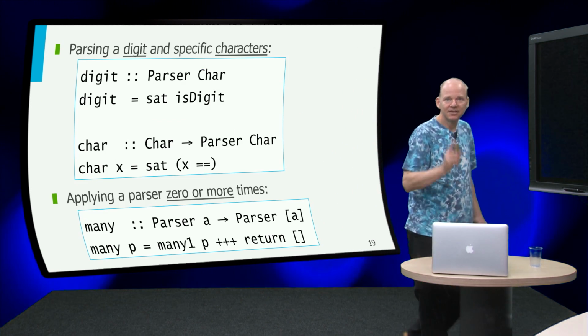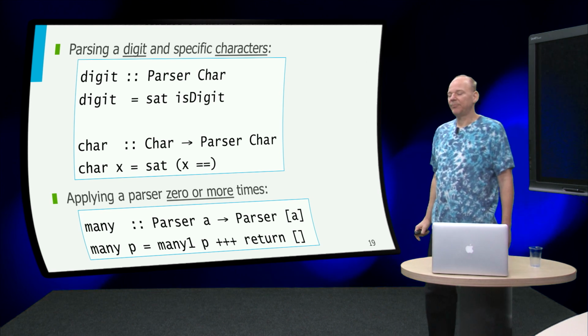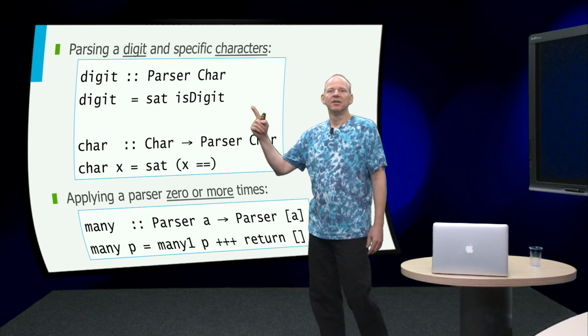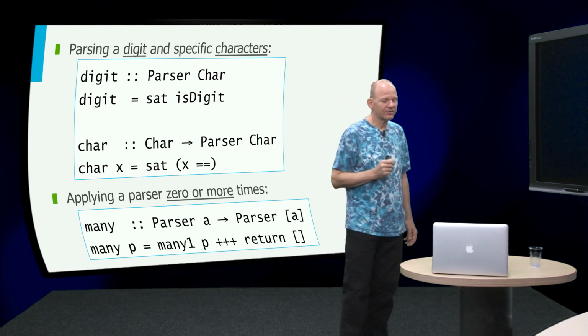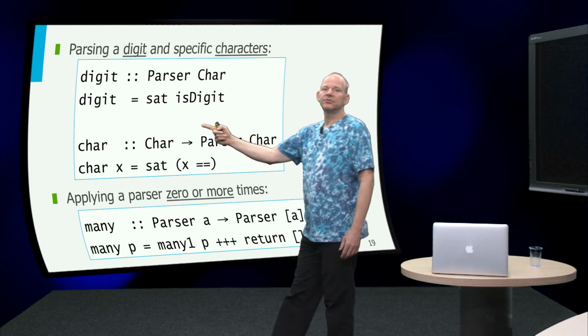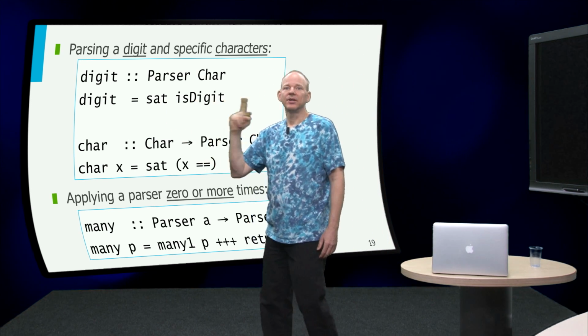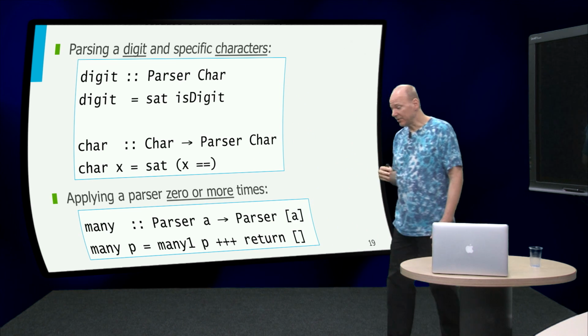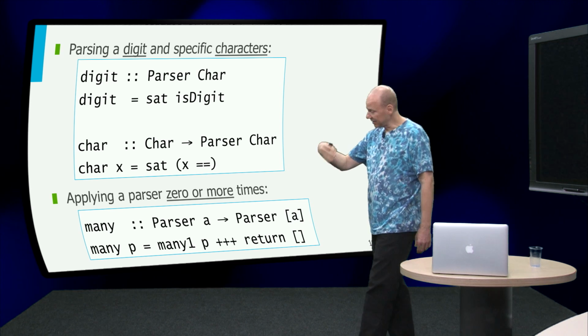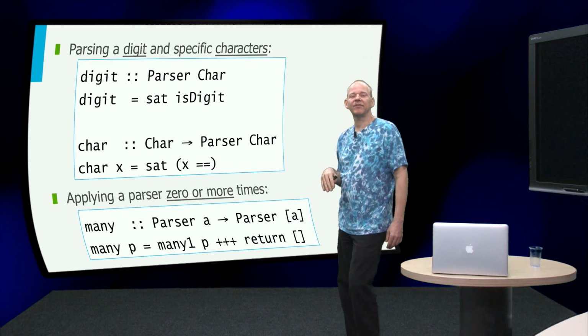All right, let's use this parser now to write some interesting things. Say that we want to parse a digit. Well, what we can do is use sat with isDigit. So now this will try to parse a character and check whether it's a digit. In that case, it will immediately succeed with that digit.